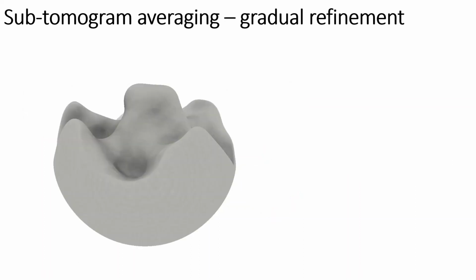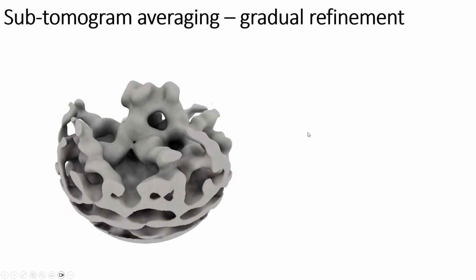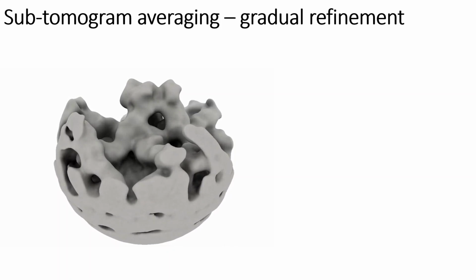This is just to show how you start with the generally low resolution spike of your viral surface, and then gradually by unbinning and correctly orienting your particles, averaging them together, you get to higher and higher resolutions until you get no further improvement.